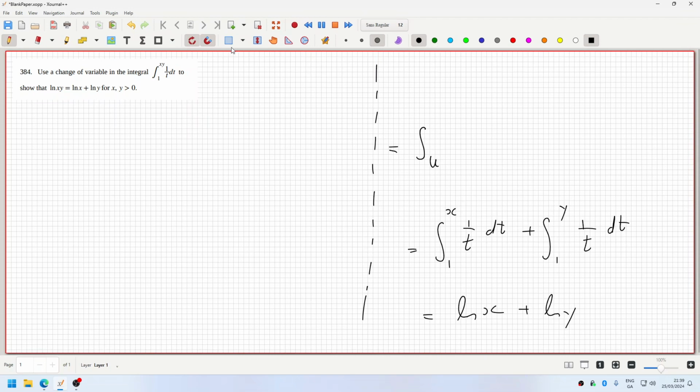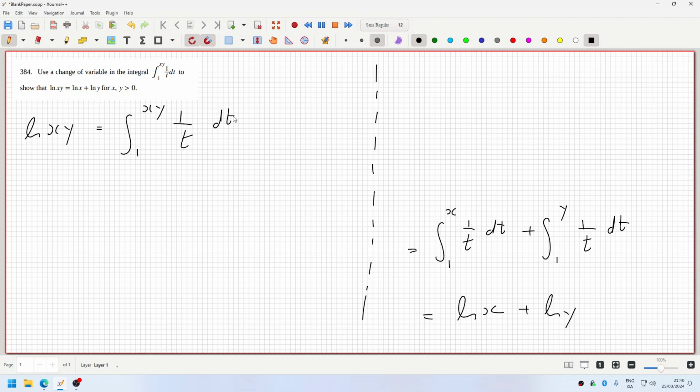It's a tough one. The integral from 1 to xy of 1 over t dt.